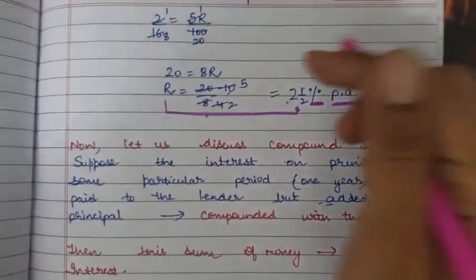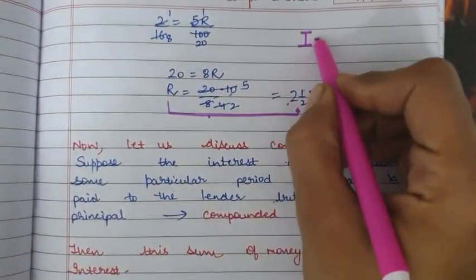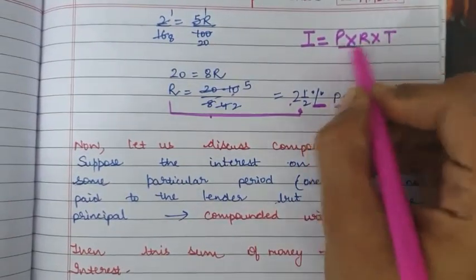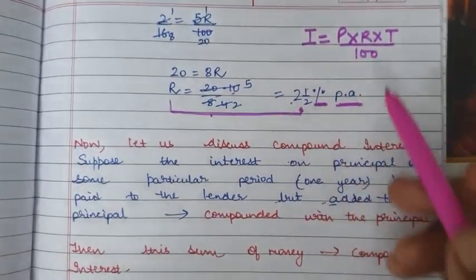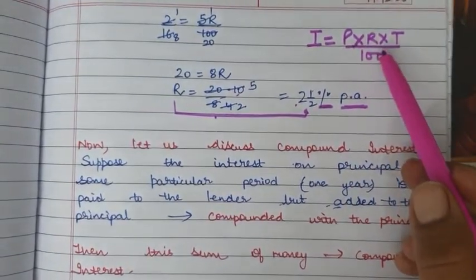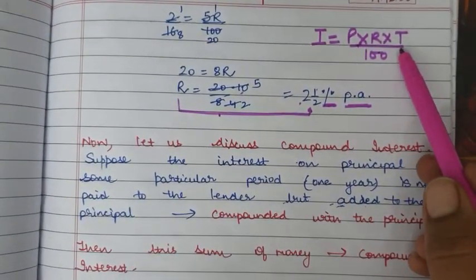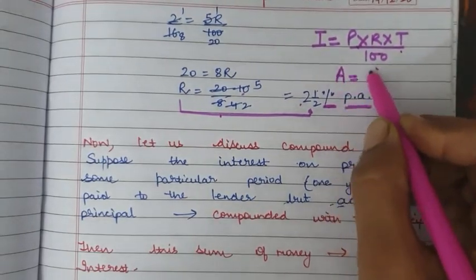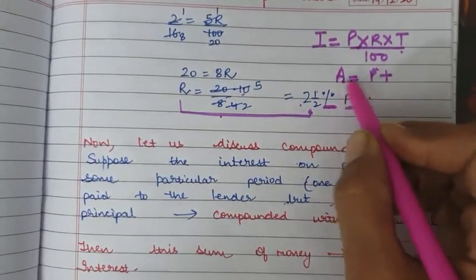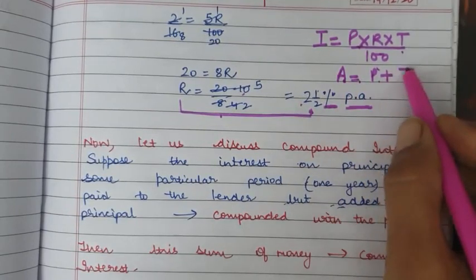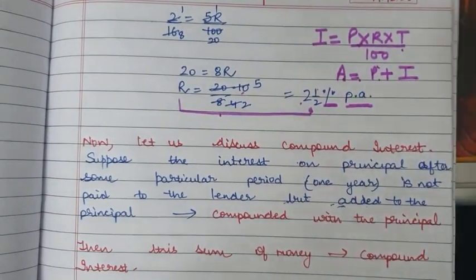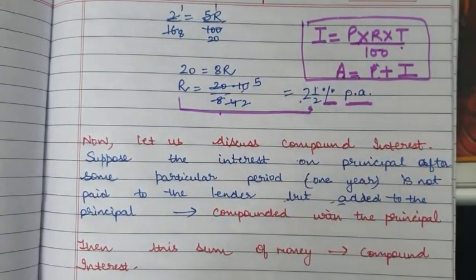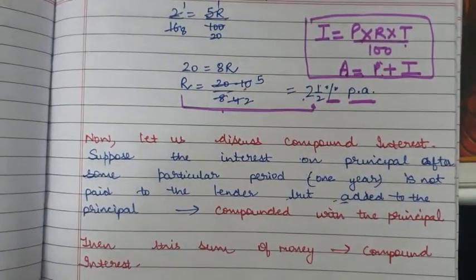Always keep in mind, we are using only two formulas: interest is equal to principal multiplied by rate of interest multiplied by time upon 100. And one more formula we are using, that is amount is equal to principal plus interest. With the help of these two formulas, you have to do all the questions. Clear, children?